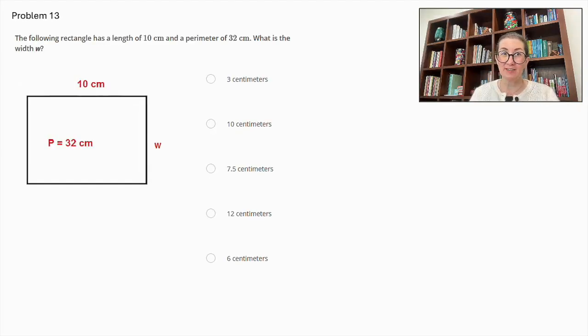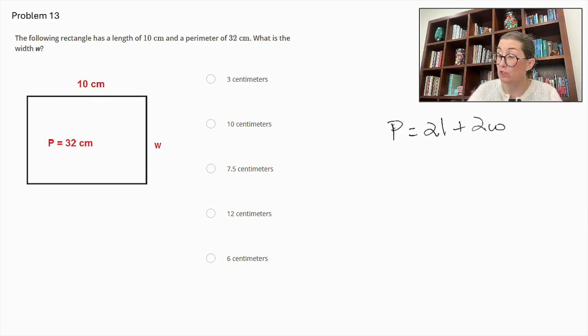Problem number 13. The following rectangle has a length of 10 centimeters and a perimeter of 32 centimeters. What is the width, W? What is the formula for finding the perimeter? Perimeter is equal to 2L plus 2W, length and width.